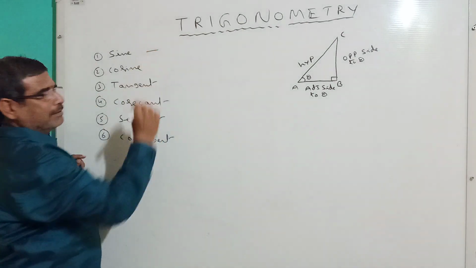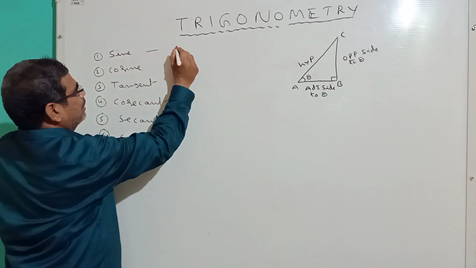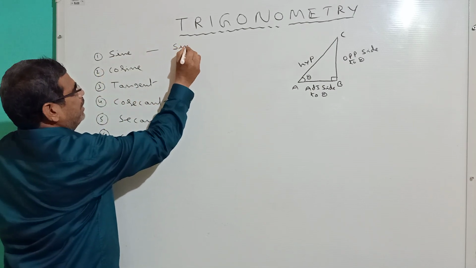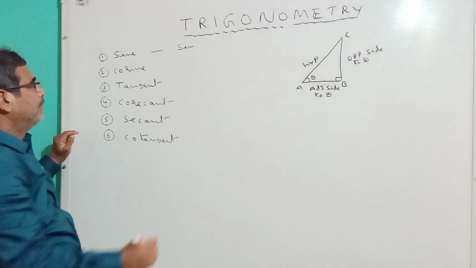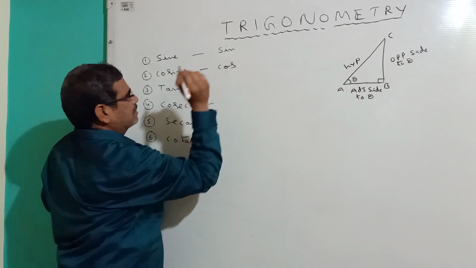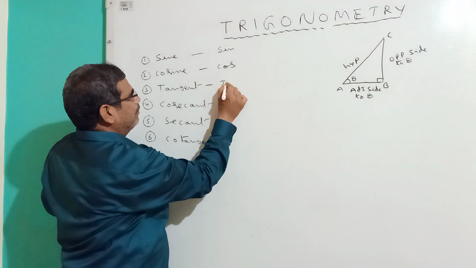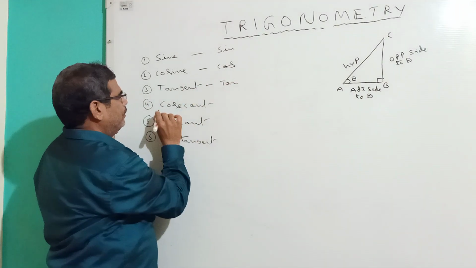After some time, sine is called simply sin. Cosine is called simply cos, whereas tangent is called tan.